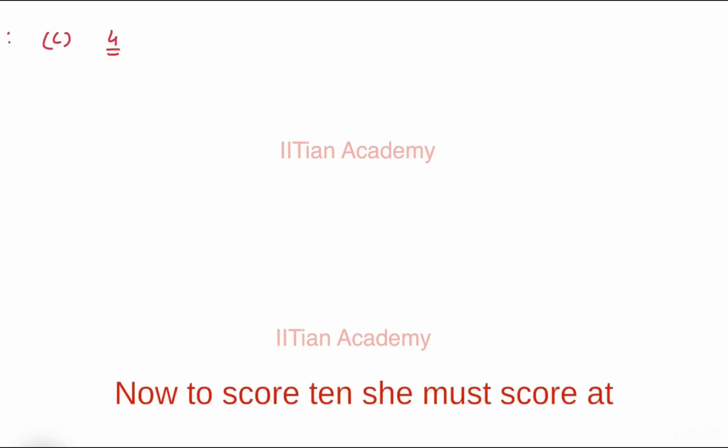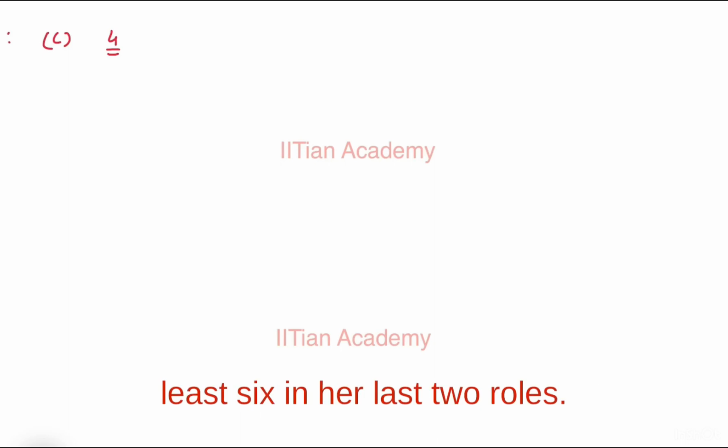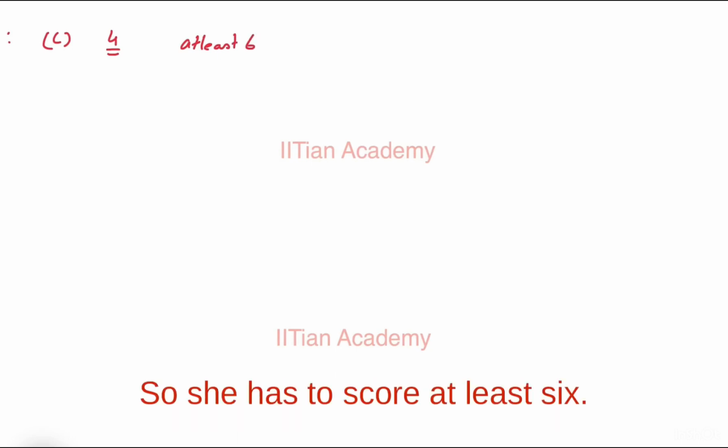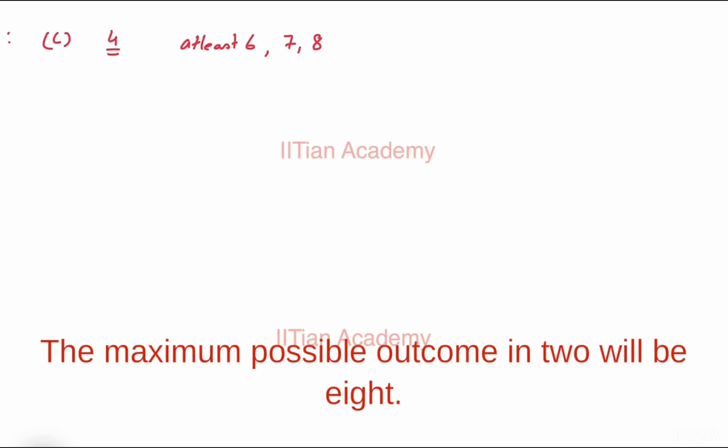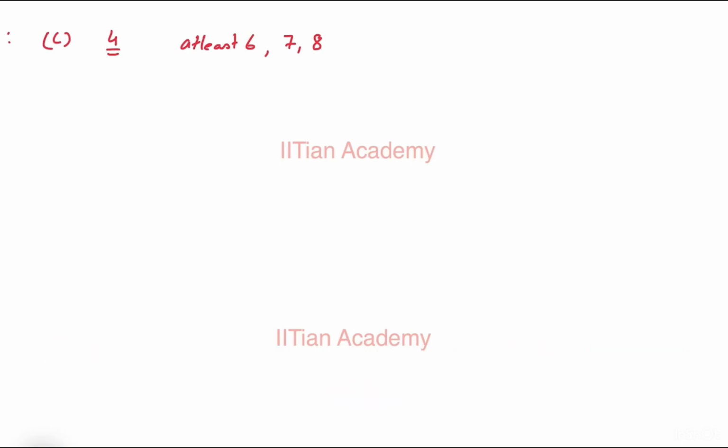Now, to score 10, she must score at least 6 in her last 2 rolls. So she might score 6, 7, or 8. The maximum possible outcome in 2 rolls will be 8.